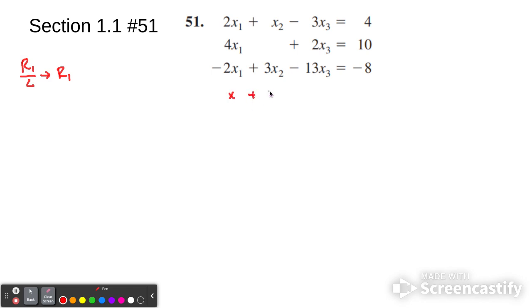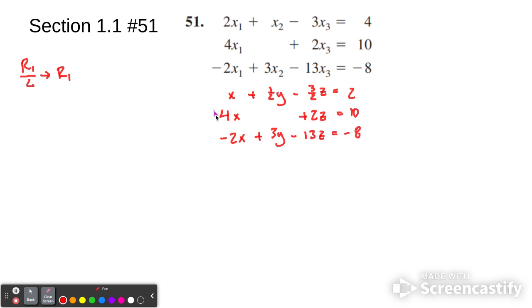So it's going to be x plus 1/2 y minus 3/2 z is equal to 2. All right, bring everybody else down. So 4x plus 2z is equal to 10, and negative 2x plus 3y minus 13z is equal to negative 8.